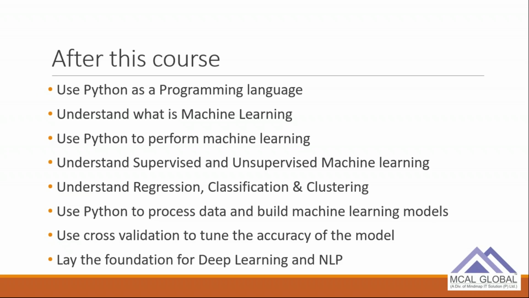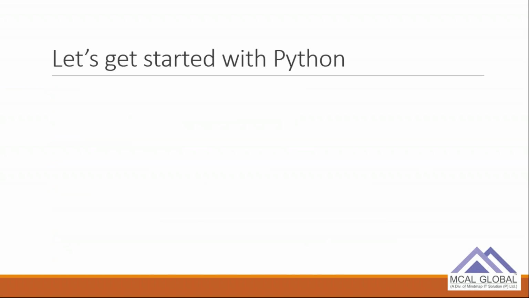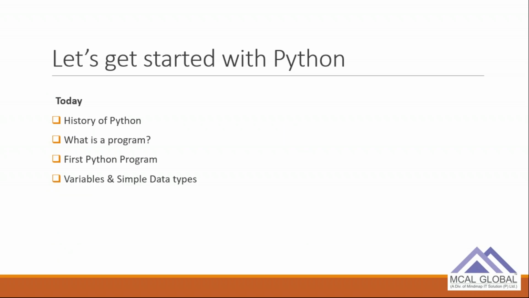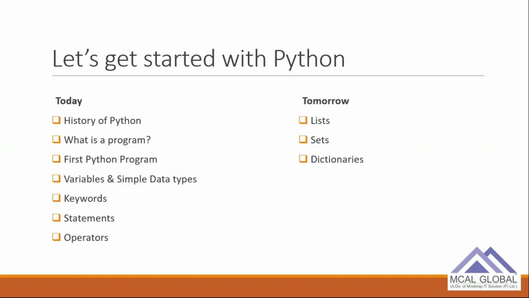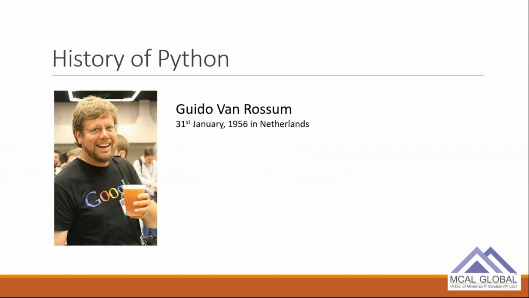Okay, the last week we'll go in little depth on deep learning and natural language processing to give you a taste of what it is. But in-depth analysis of each of these will not be done in this course. Okay, so I'll skip this history of Python.